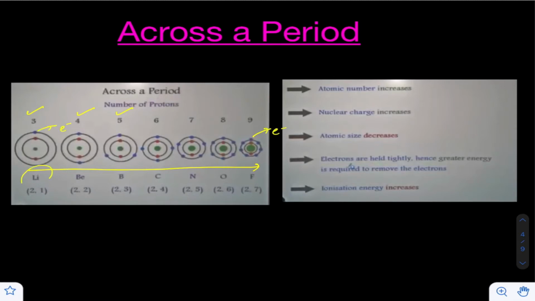Lithium can lose electrons easily. Fluorine cannot lose electrons easily. In fact, fluorine is a non-metal. It has a tendency to gain electrons. So fluorine will have high ionization potential and lithium will have low ionization potential.